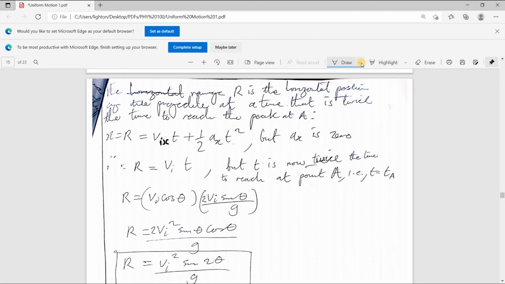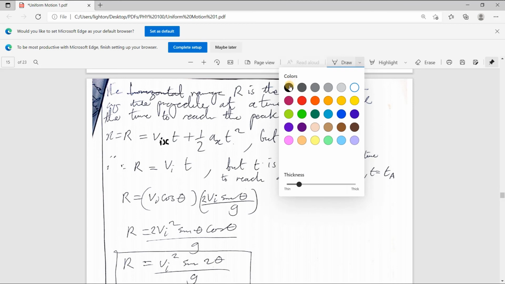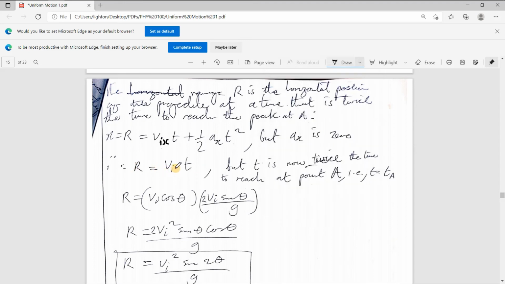Okay, let's just make it better. v subscript i x. So r is equal to v i subscript i x times time, only getting this because this part will become 0.